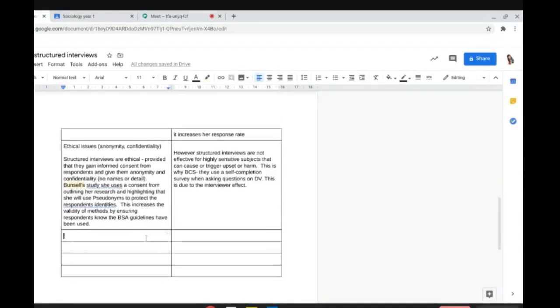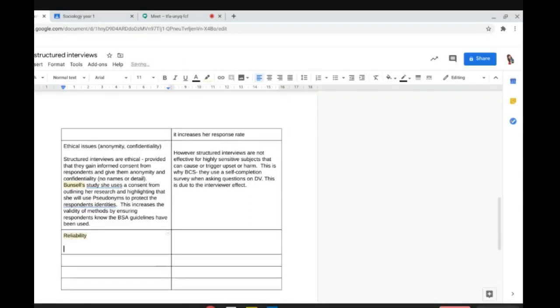Paragraph 3 is reliability. The ability to repeat the responses and get the same or very similar.